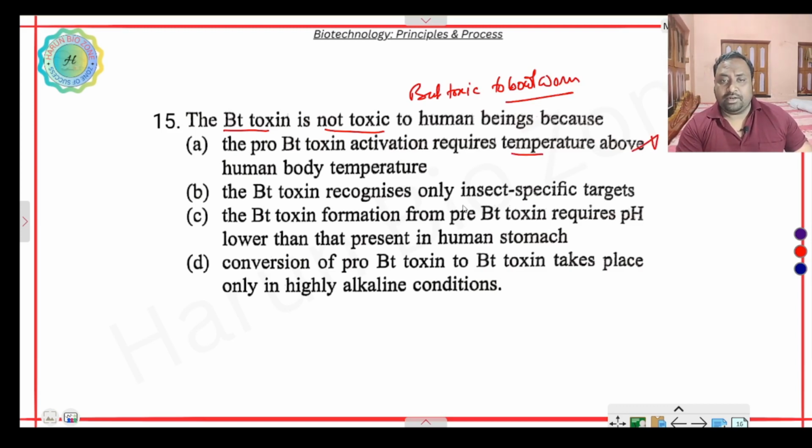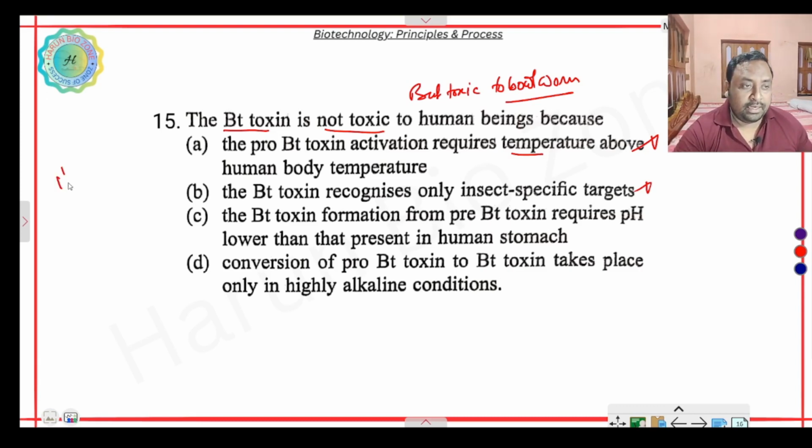Bt toxin recognizes only insect-specific targets, this is also not right. Bt toxin formation from pro-Bt toxin requires a pH lower than that present in the human stomach. Conversion of pro-Bt toxin to Bt toxin takes place only in highly alkaline conditions. So in the case of human beings, it is not effective because the human gut is acidic in nature.